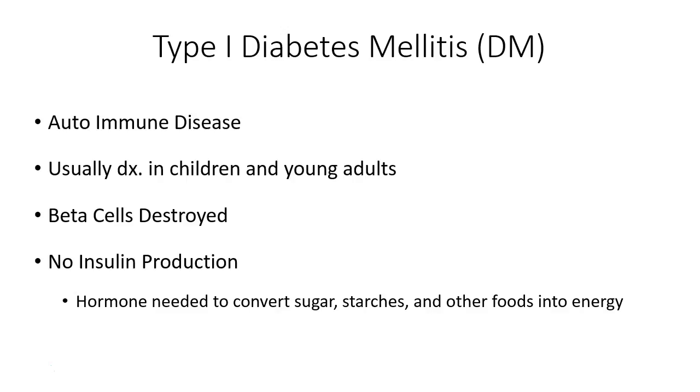So again, this is for patients who are very young, usually 15, 16, 17 years of age. In fact, they could really be small children. I have a friend whose son was diagnosed at the age of, I think, 5 or 6.